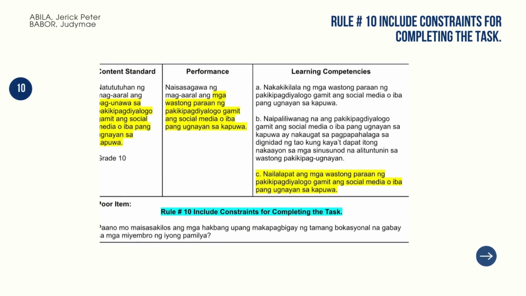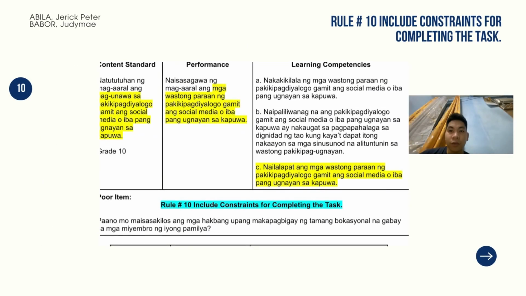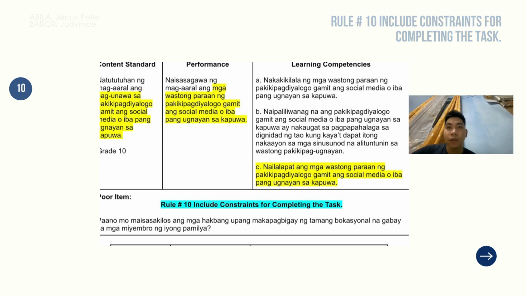And the last rule is number 10, include constraints for completing the task. As you can see, our poor item is not showing constraints for completing the task in our guidelines.